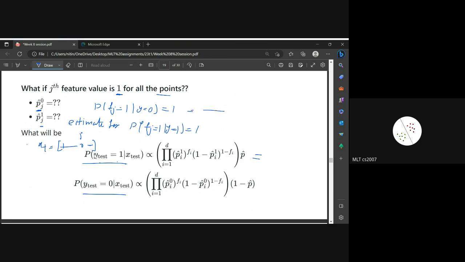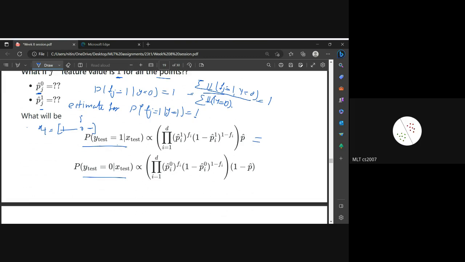You take all those data points which take label equal to 0, and look at all data points where the jth feature is 1 and label is 0. This is again the same, because the jth feature value is always 1 for all the data points. So this estimate is 1, and similarly this estimate is also 1.